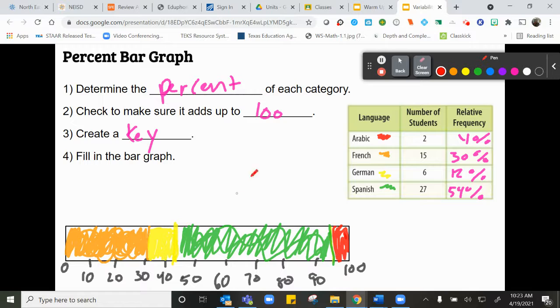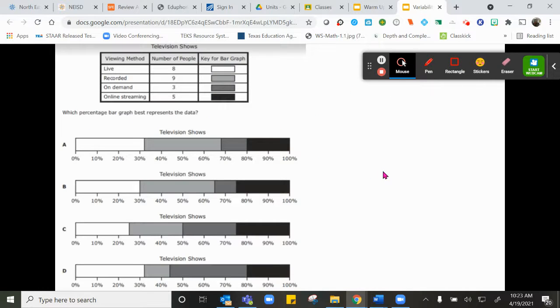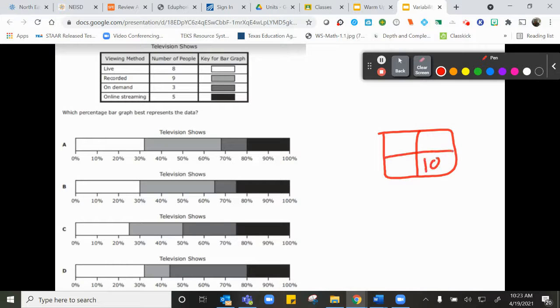All right, let's try an example on your own. Try this problem on your own. You're seeing which percent bar graph represents the data. Go ahead and pause the video. All right, so hopefully you paused the video. The first thing I would do in this is make your relative frequency table here into percent. So if I set up my box problem, I have to add all this up.